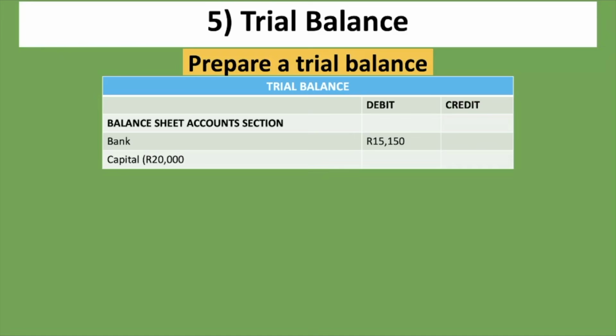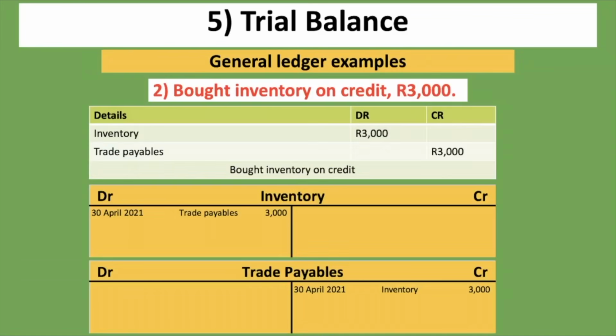What I'm doing here is taking the exact same examples we looked at and just doing a trial balance out of it to show you that it actually balances at the end of the day. The next one we looked at is the transaction where we bought inventory on credit, and we realized that we have two accounts here, inventory and trade payables. Inventory is an asset, as we saw in lesson 1, and trade payables is a liability, as we also saw in lesson 1.